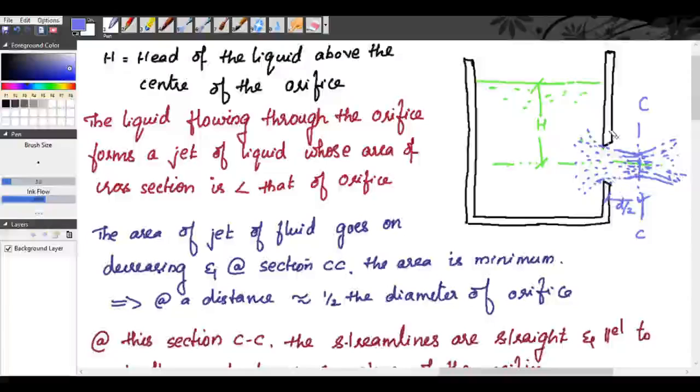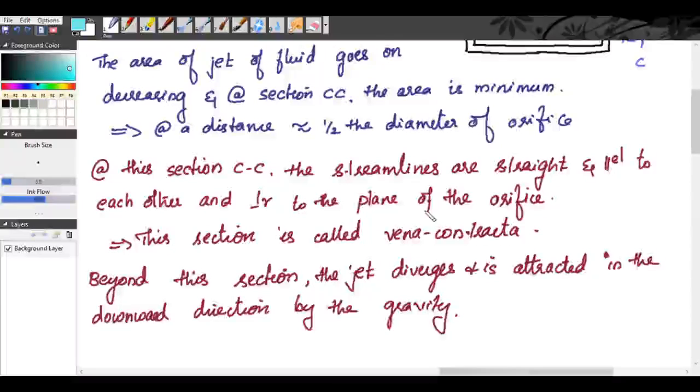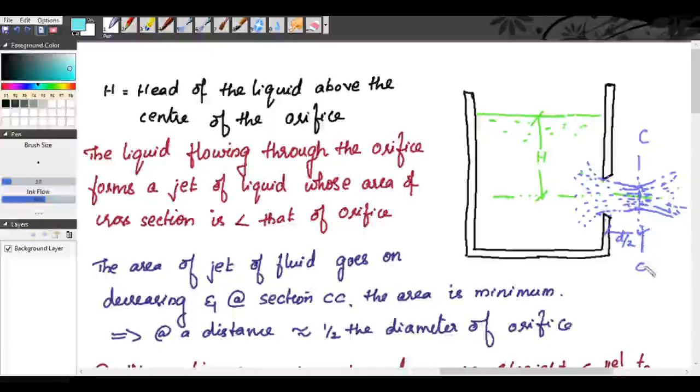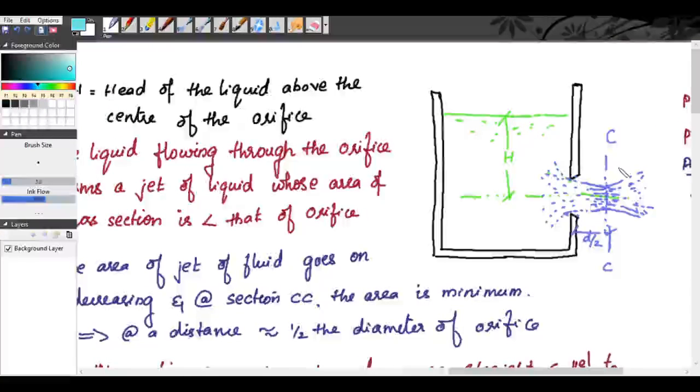This is your plane of the orifice, and the streamlines will be perpendicular to this plane. Now this section is called the vena contracta. In the orifice meter also you have studied that the smaller area is called the vena contracta. So here also this section CC is called the vena contracta.